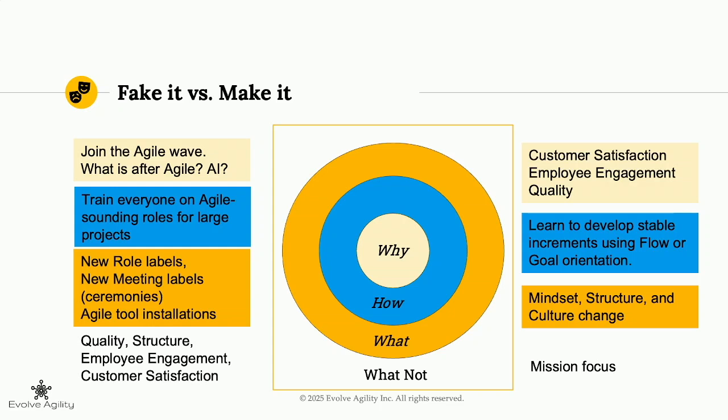In making it, the reason you're doing Agile is because you want to improve something in the eyes of the customer, which is customer satisfaction, employee engagement, or quality. How you do it, you learn to build stable increments at regular takt, at regular cadence, every month, every 2 weeks, every day. And at that point, what will have changed would be the mindset, the organizational structure, the culture of the organization.